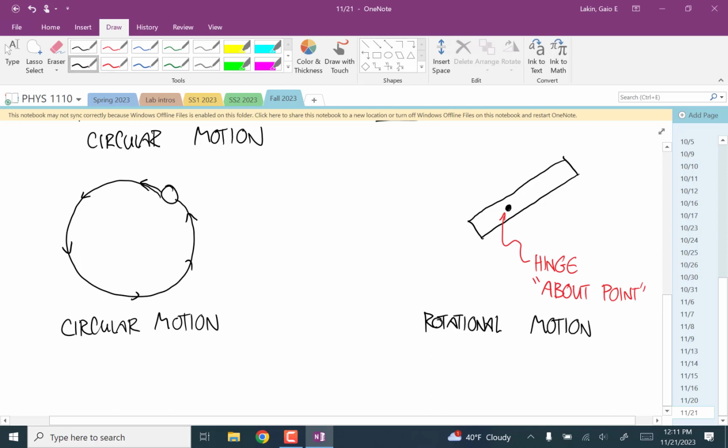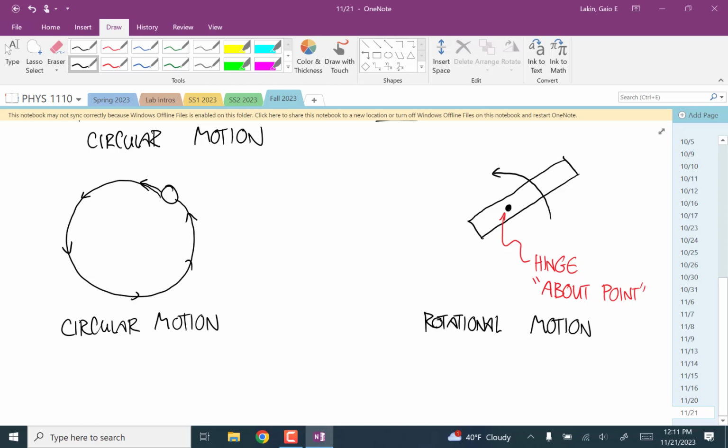This rigid body can be spinning around that point. So I'm going to do a little interpretive dance representing this. Right now I'm in circular motion. Right now I'm in rotational motion. You can do both. I could be in circular motion and spinning at the same time. But for particles, we don't know and we don't care.